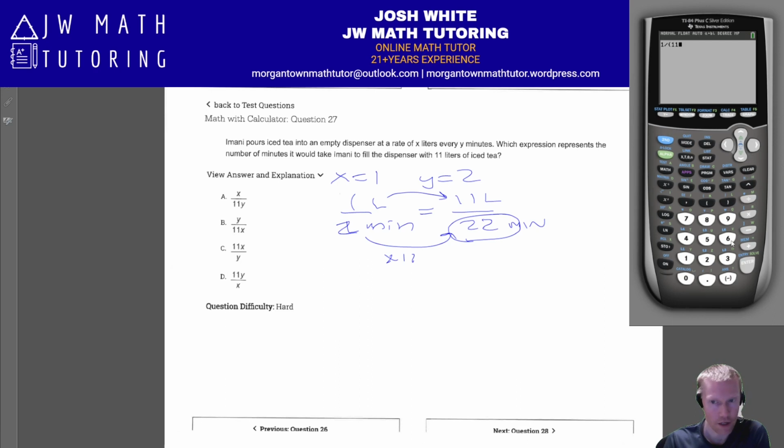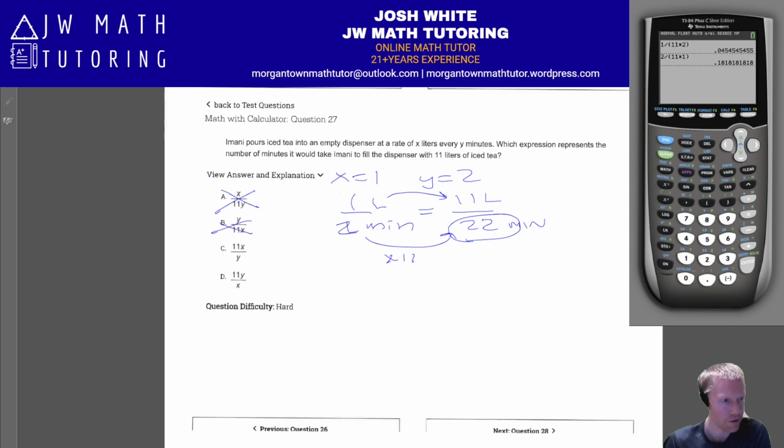Divided by 11 times y, which is 2. Okay, is that equal to 22? Nope. All right, the next one, which is B, that's going to be 2 divided by 11 times 1. Does that equal 22? Nope, it is incorrect.